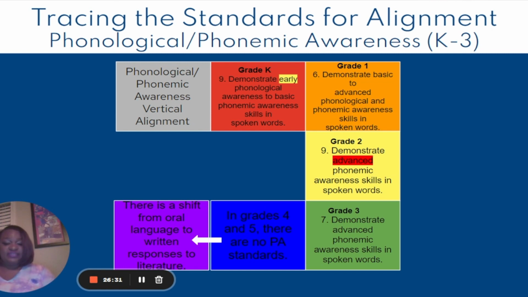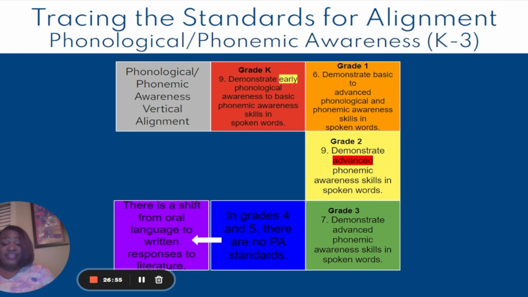I think that it is important to note here that just because there are no phonological or phonemic awareness standards for grades 4 and 5, that does not mean that we do not have students that still have deficits in the areas of phonological and phonemic awareness.